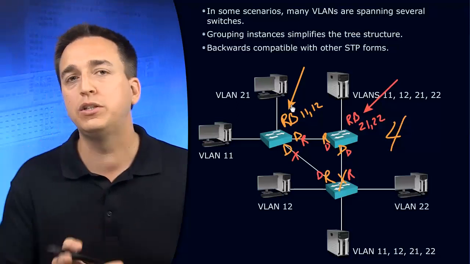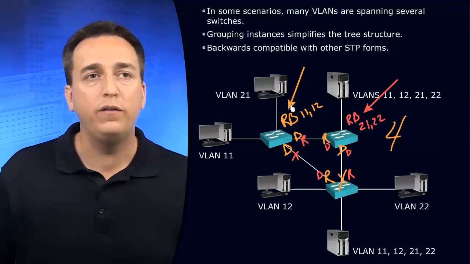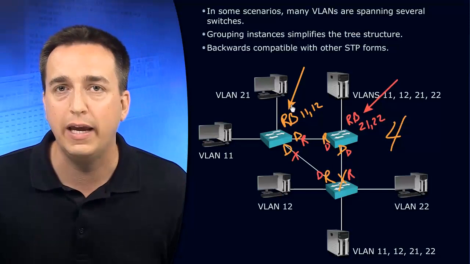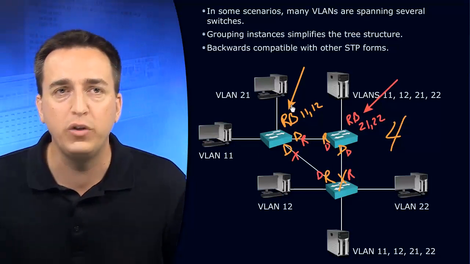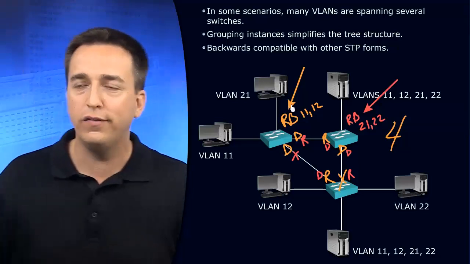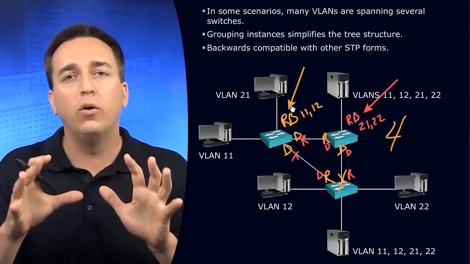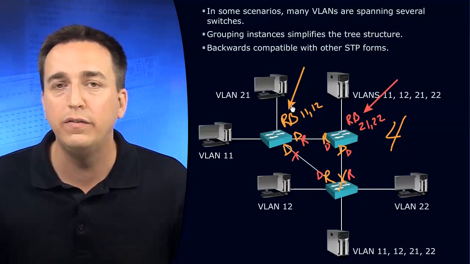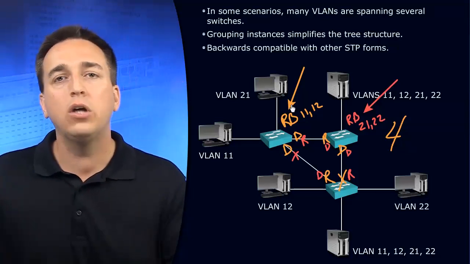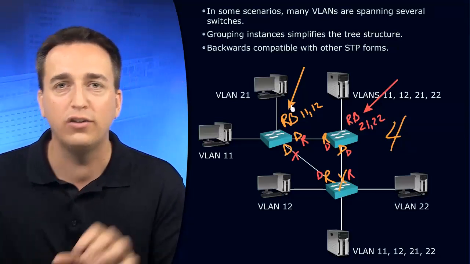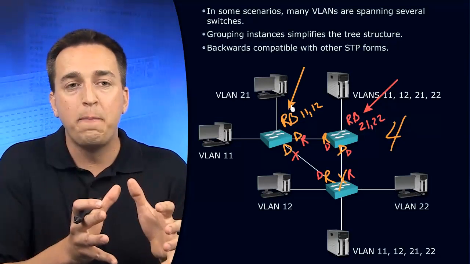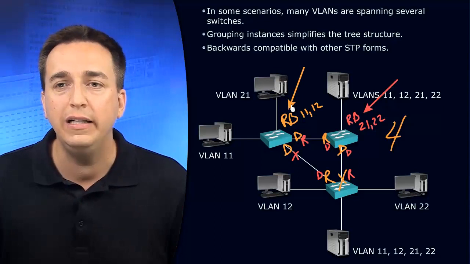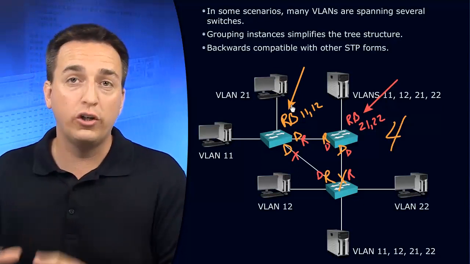So this is typically something you will end up using if you have deployed end-to-end VLANs. There's a lot of VLANs all over the infrastructure. You can have users in VLAN 11 over here, VLAN 300 over there. So it's typically used with end-to-end VLANs. If you are following the Cisco Enterprise Campus Architecture design with local VLANs, you will have a smaller number of VLANs, and your VLANs will be more controlled.